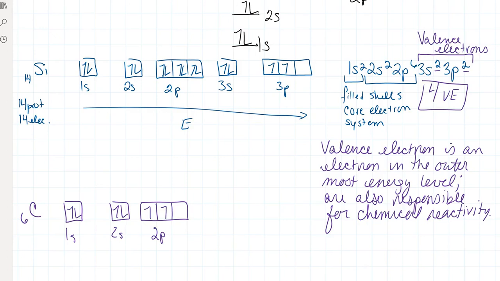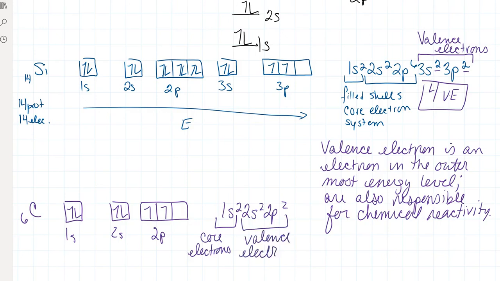The electron configuration for carbon is 1s2, 2s2, 2p2. My 1s2 are the core electrons, and my 2s2, 2p2 are our valence electrons, because now the second level is the outermost level.